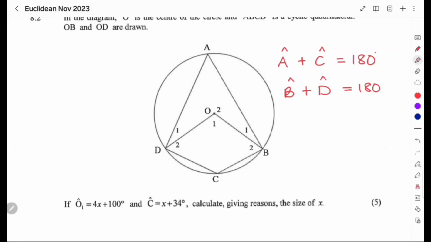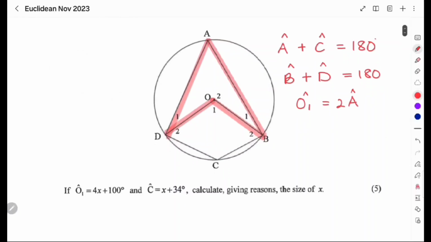The angle at the center is 2 times the angle at the circumference if they are both subtended by the same chord. So you can see that the chord DB, or you could say the arc DB, subtends the angle O1 and the angle A. O1 is subtended at the center, A is subtended at the circumference. So we now know that O1 is equal to 2 times the angle A.